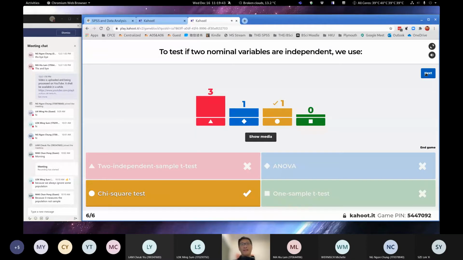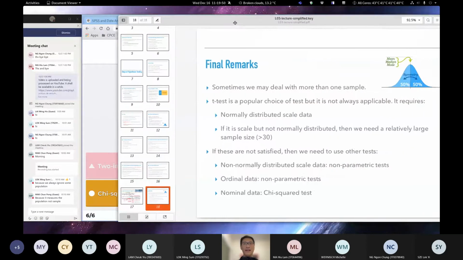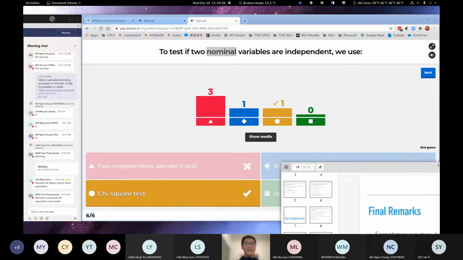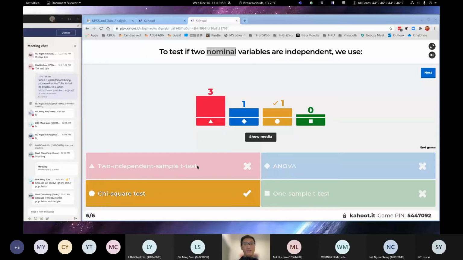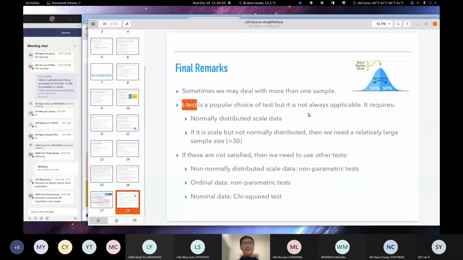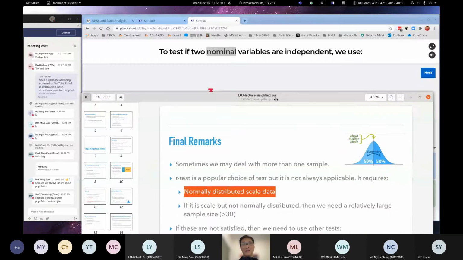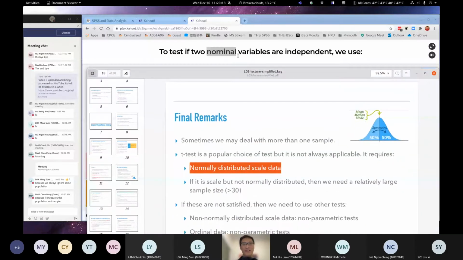Yeah, chi-square test. Now remember, nominal variable is not scale level. So look at here again. The t-test, any form of t-test, like the red one and the green one, requires that you have normally distributed scale data. Nominal is not the same as normally distributed.